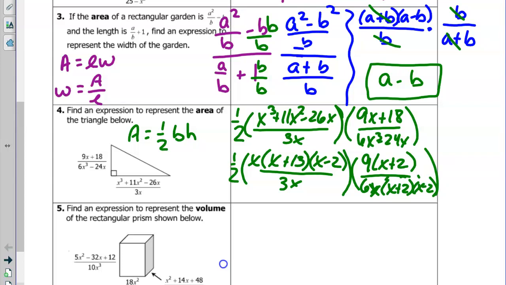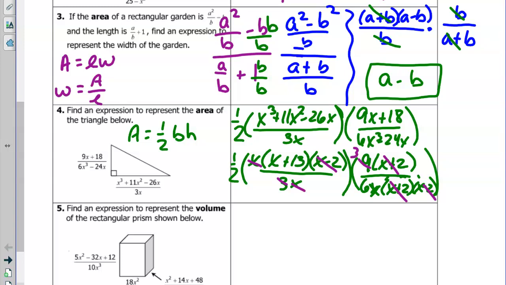Okay, so now what cancels out? What else can we cancel out? Yeah, these x's. And then divide 9 by 3 and we would get 3. Then you have 3 over 6.